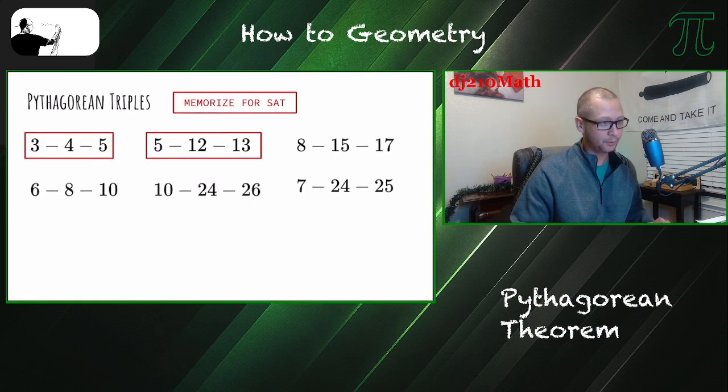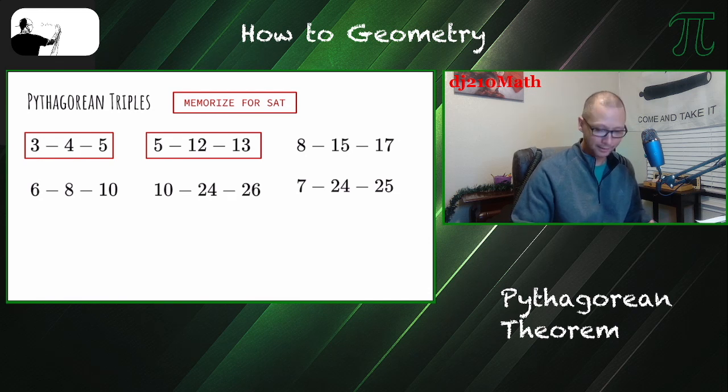Some very useful numbers are called Pythagorean triples. The most common that you'll see are 3, 4, 5 length triangles, right? 3 and 4 are the legs, and 5 is the hypotenuse. So 3, 4, 5, and 5, 12, 13. These are the most basic or most common that you'll see in problems.